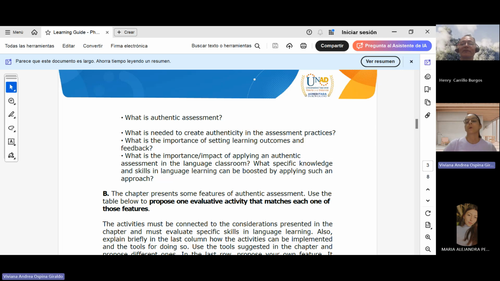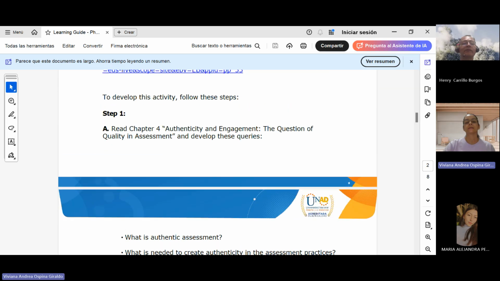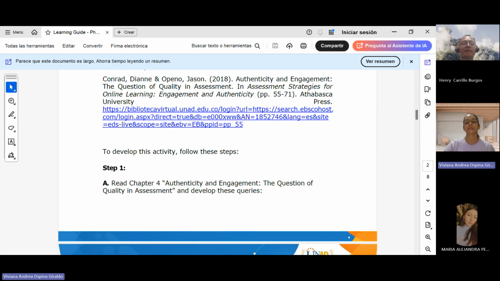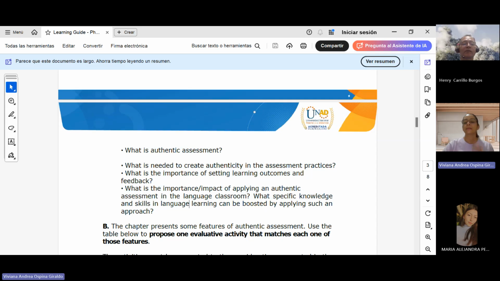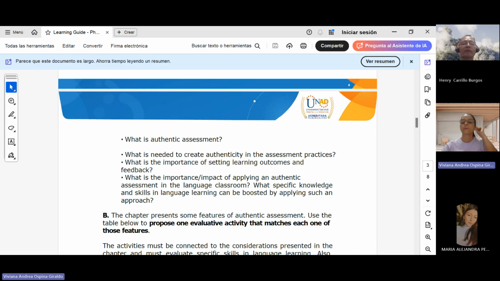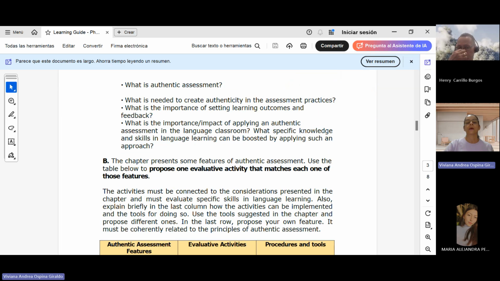So once you read this reference here, we are going to answer these questions based on what we read, okay? Because now we were answering just from what we know, but now we are going to answer based on what we read. The chapter presents some features of authentic assessment.